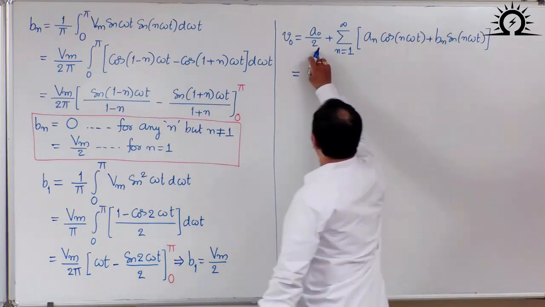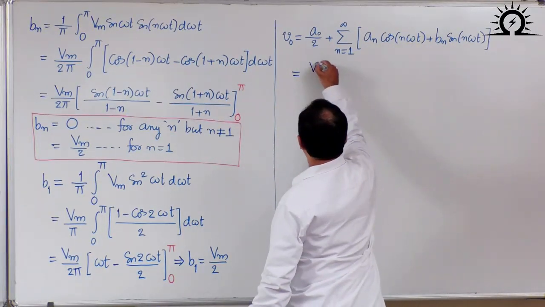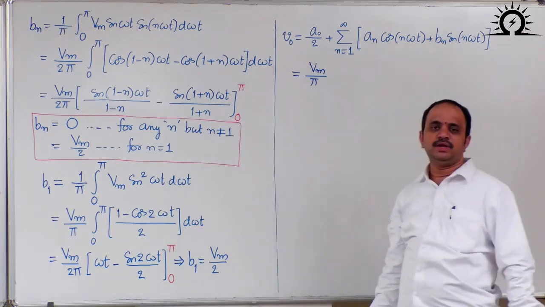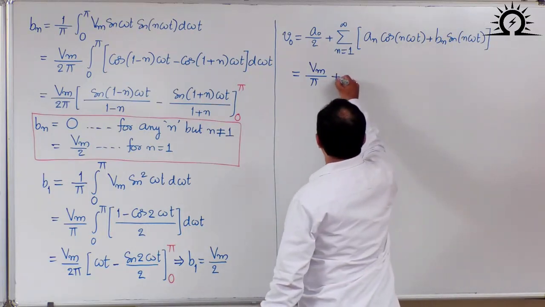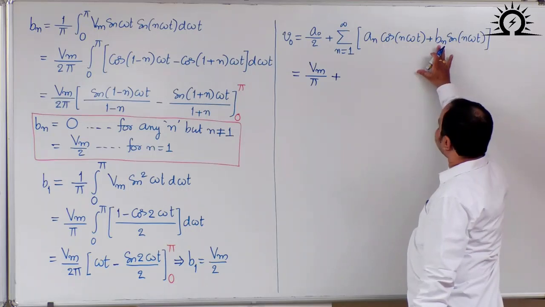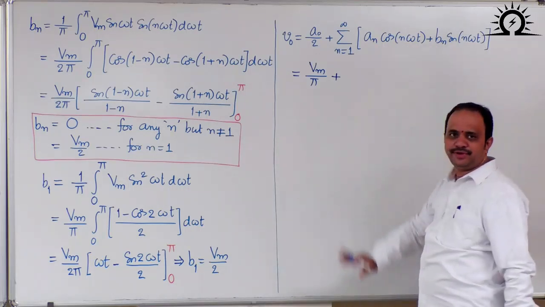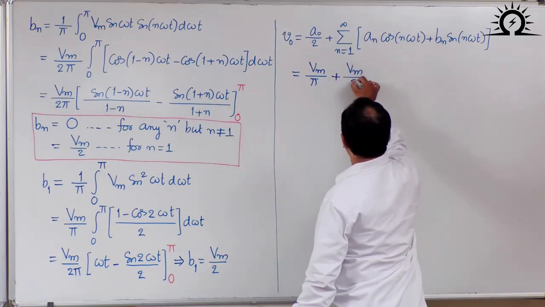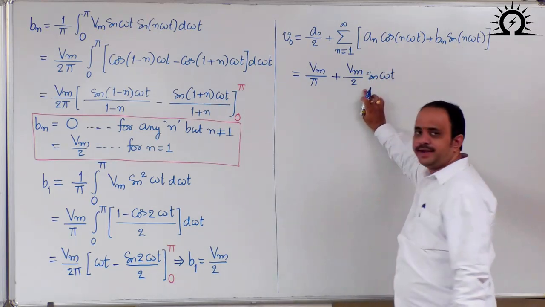So here, the A0 by 2 value, what we calculated? A0 by 2 was calculated as Vm by pi. Now if you observe carefully here, Bn's are present only for n is equal to 1. So let us write that down and finish it off. That is Vm by 2 sin omega t when n is equal to 1.